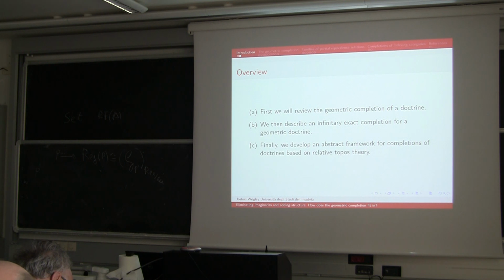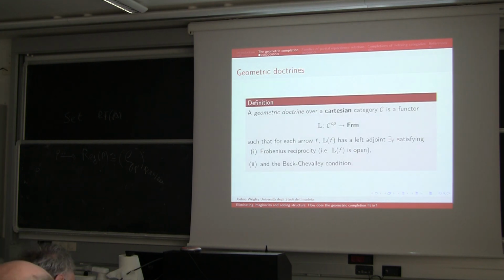And then from that, I'm going to describe some infinitary exactness style completions, generalizing first of all exact completions of doctrines, but also some of the work done by Ross Street and Mike Schulman. And then finally, I'm going to look at how this all fits within a relative Grothendieck topos framework and how we can understand completions of doctrines in that way.